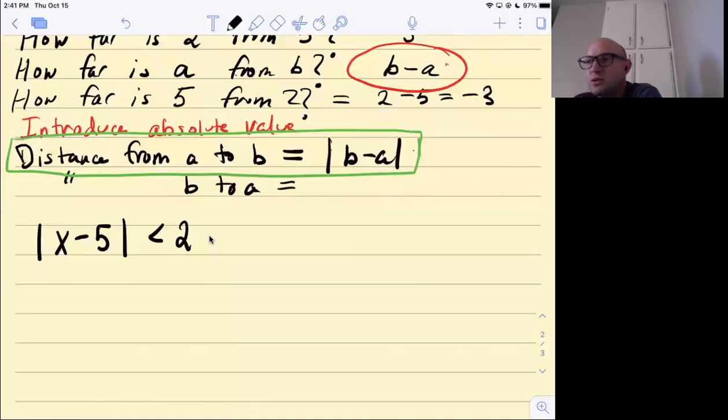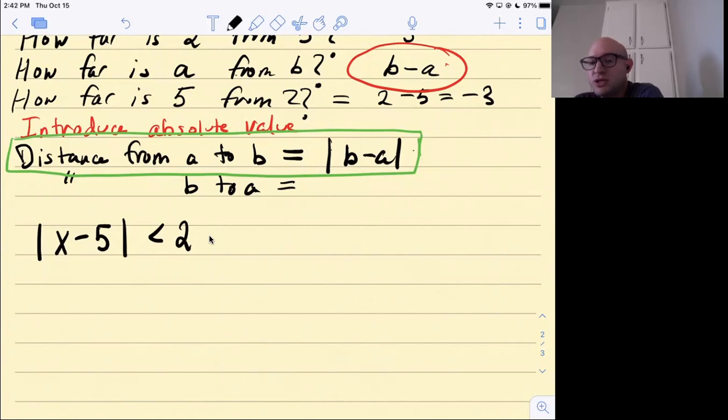Translate the entire inequality into an English sentence. Okay, that's good. Gabriel wrote the absolute value of x minus 5 is less than 2. I like that. But now don't use the phrase absolute value. Convert it to the distance, because absolute value is a little bit tricky to think about.